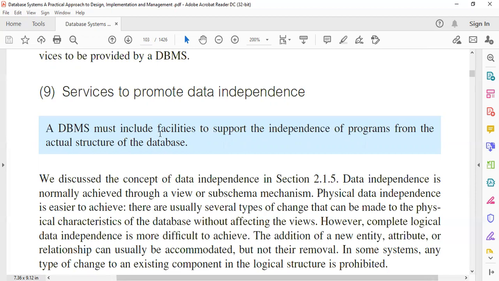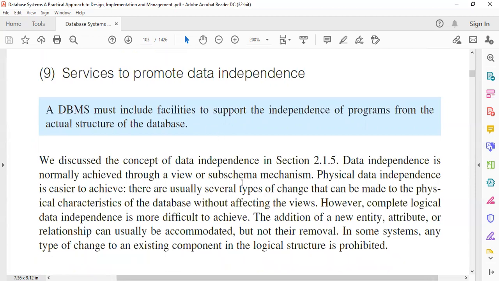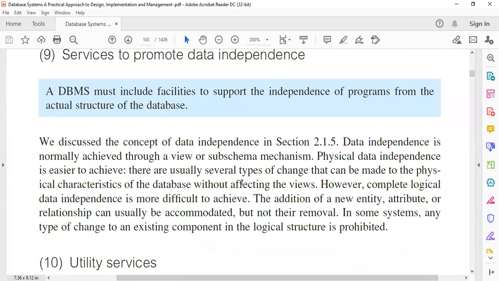In other words, the database must provide data independence, so that the data is not dependent on the program that creates that database, and it can be accessed by various other applications apart from the programs that developed that data.